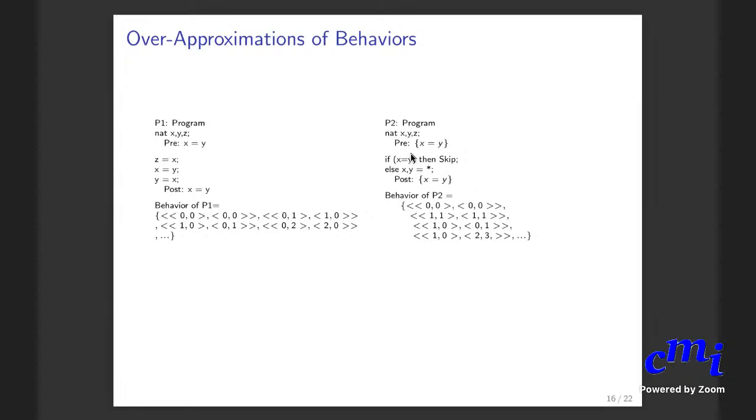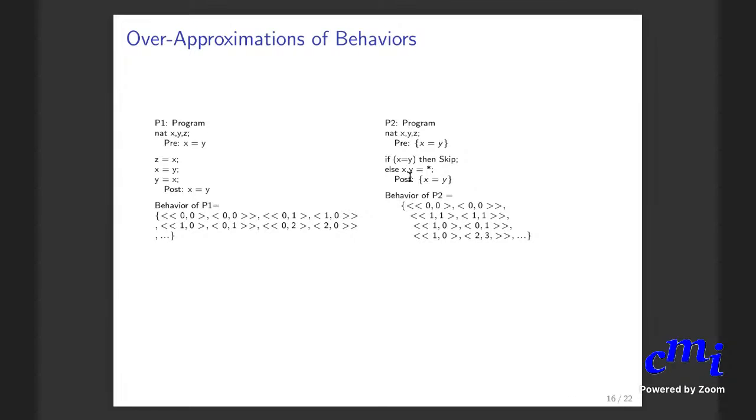So the program on the right side, P2, is said to be an over approximation of the program on the left side. That's because every behavior of P1 is also included in P2, so P2 has more input output behaviors.